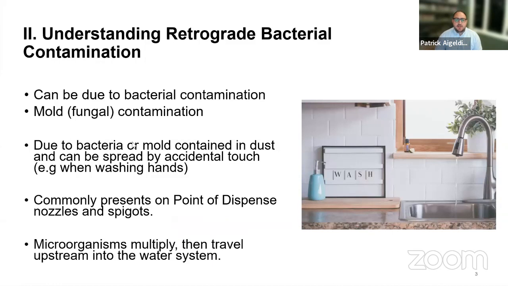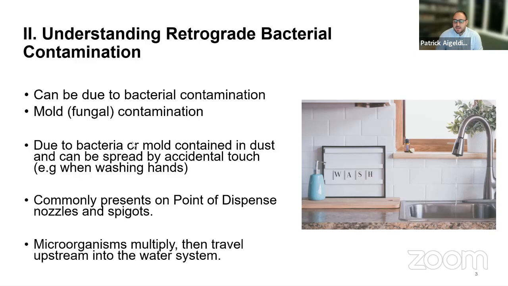So this contamination can be caused by mold. At times, it could also be caused by bacterial contamination. It's due to bacteria or mold that's contained in dust, which can be spread many times through accidental touch. This can happen when washing your hands, or as we talked about before, splashback. You'll often see this on nozzles or spigots.